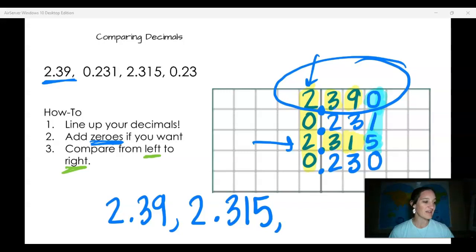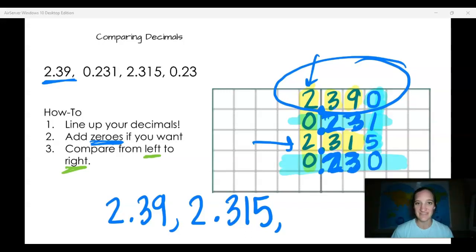And now let's compare the other numbers that didn't have any whole numbers. What we have is a 2 and a 2, so they match up there. They both have 2/10.